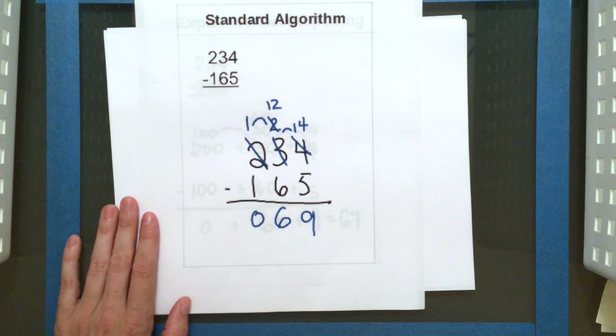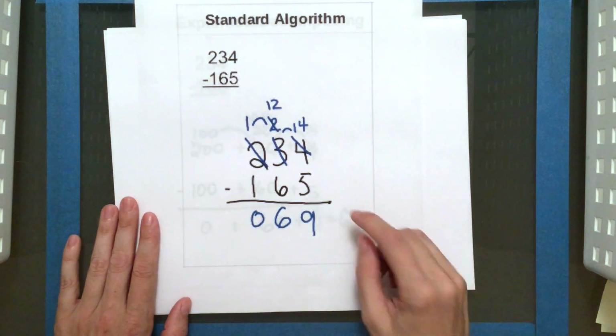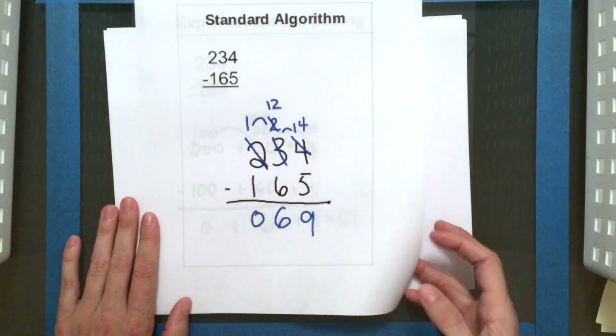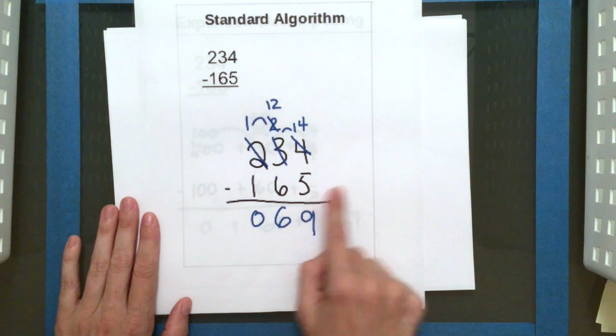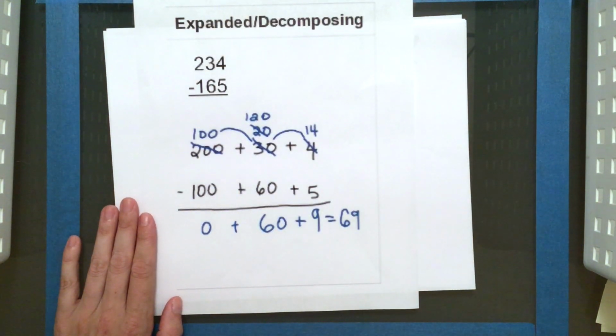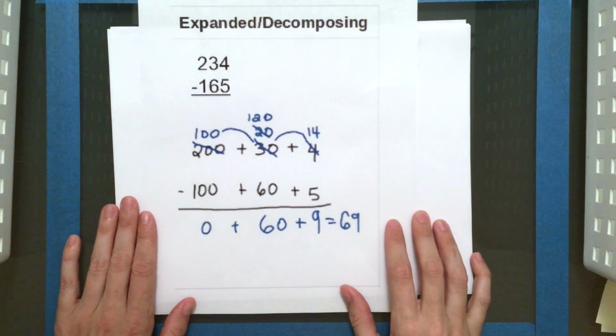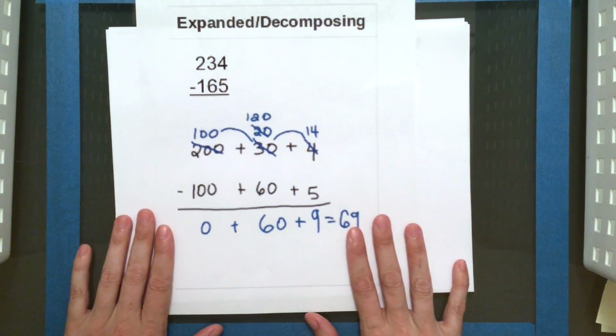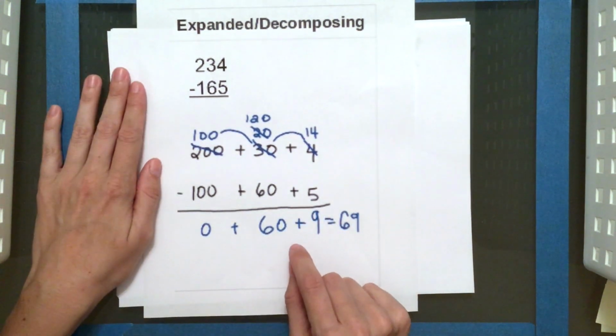Using the standard algorithm, we use the same method in having to break apart the tens and then the 100s in order to give us enough to subtract the bottom number. And then expanded, you break apart or decompose, which means break apart the larger number into parts to represent the number.